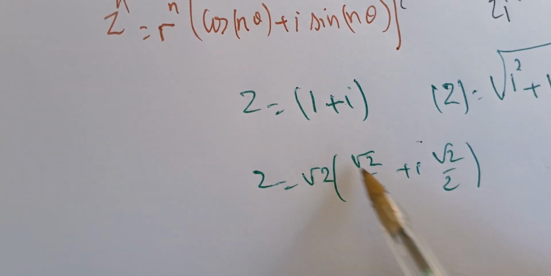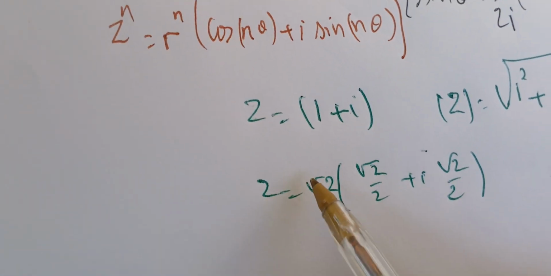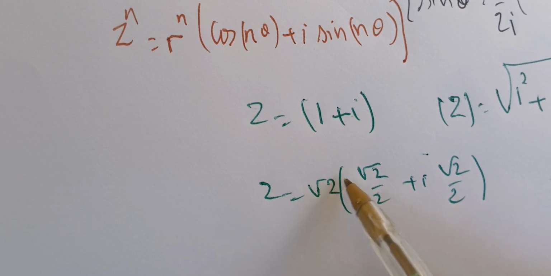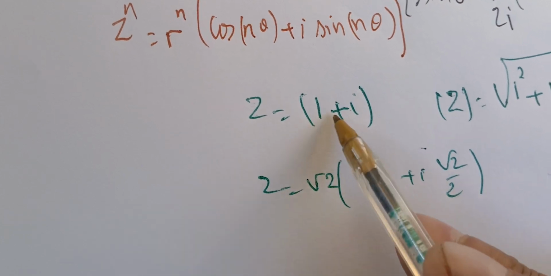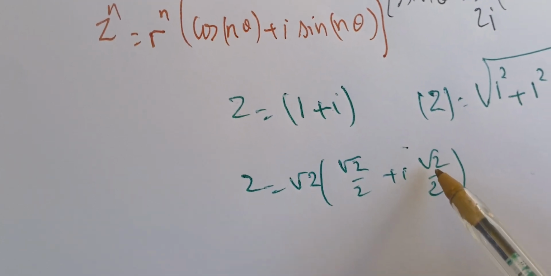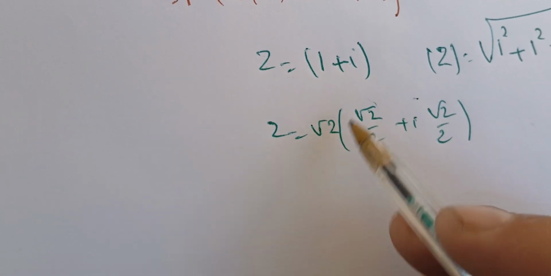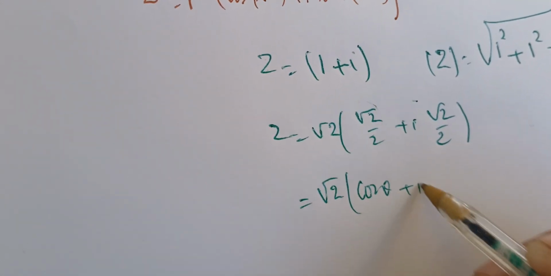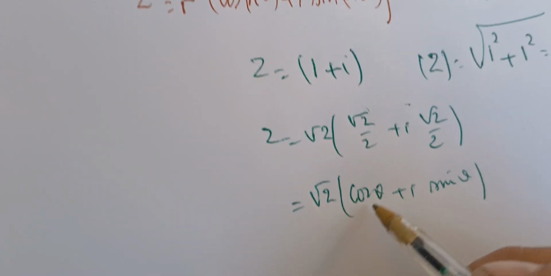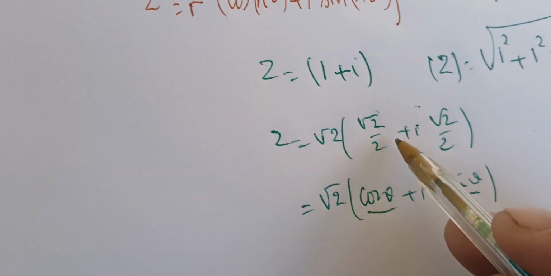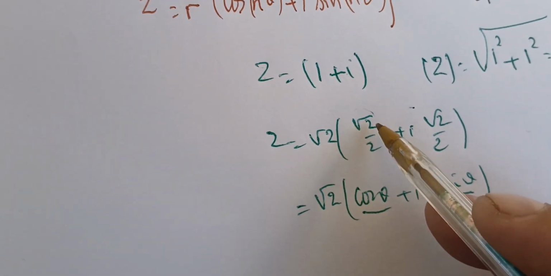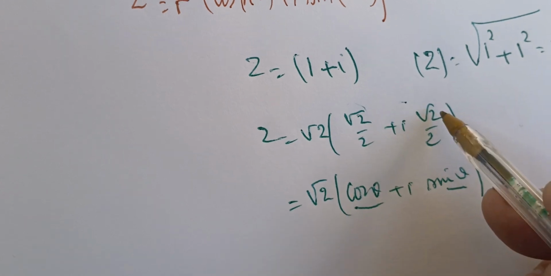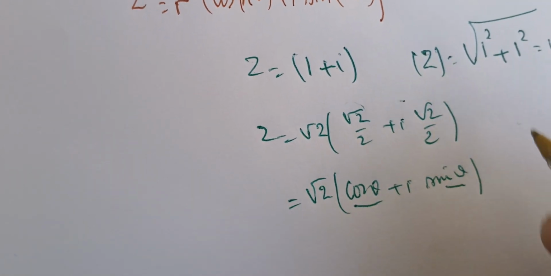I didn't change anything here: if you multiply square root of 2 by square root of 2 and divide by 2, you get 1. The same thing here. So I can write it as square root of 2 times cosine theta plus i sine theta. What's this theta that gives me cosine equal to square root of 2 over 2 and sine equal to square root of 2 over 2? It's pi over 4, of course.